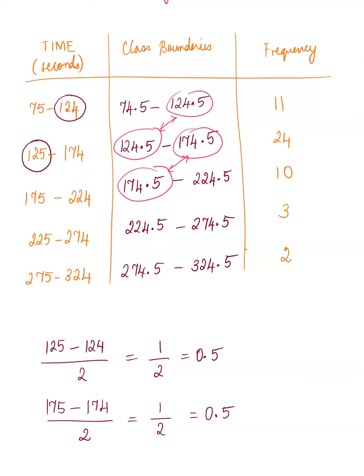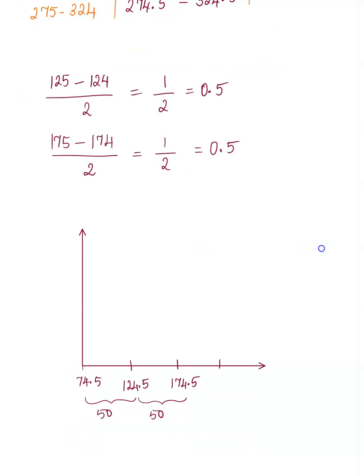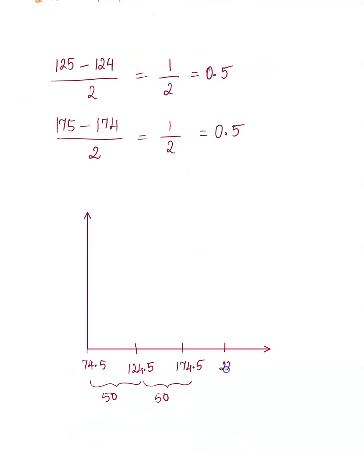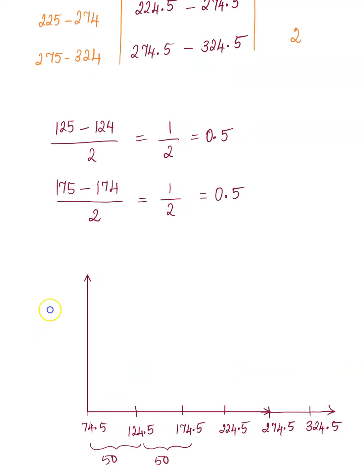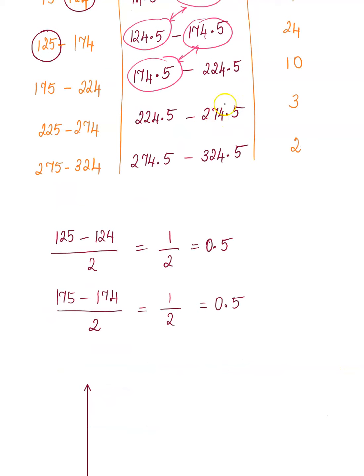All right, now it's time for us to go ahead and draw this on a grid. 224.5. Let's stretch this some more because that won't be enough. 74.5. And then we have 324. 274, 324.